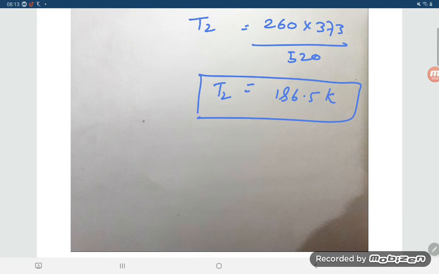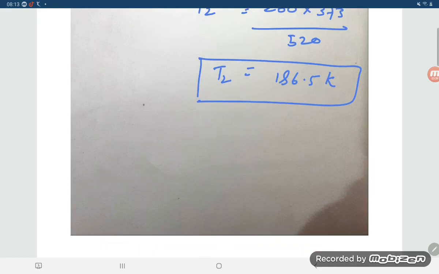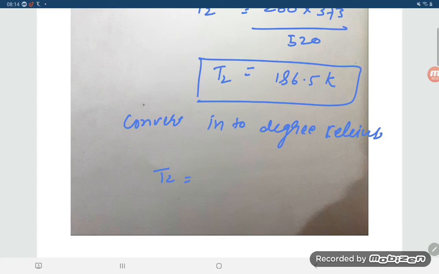Suppose you want to convert into degrees Celsius. We have to subtract 273 from this temperature in Kelvin to get degrees Celsius.